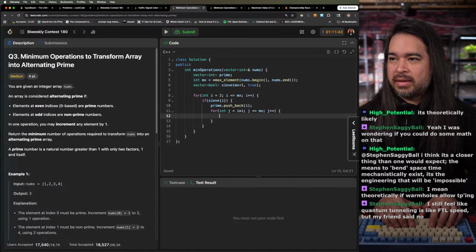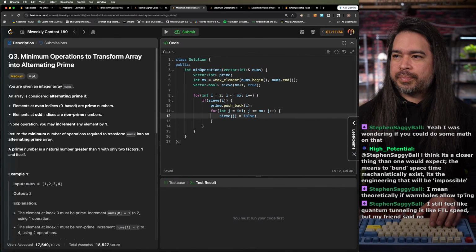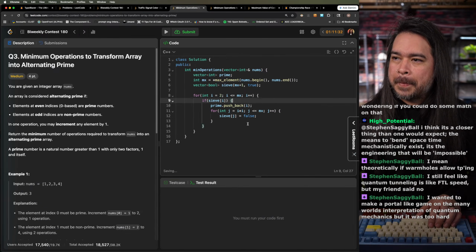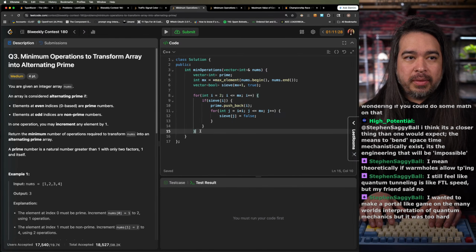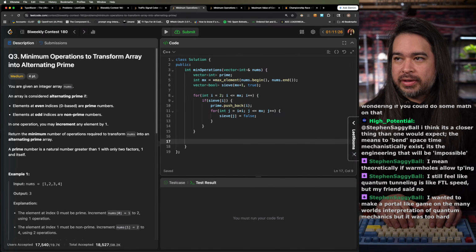And then we can set these sieves at J to false. So now we have our prime numbers, and then maybe we do some type of binary search thing. So they want the minimum operations.